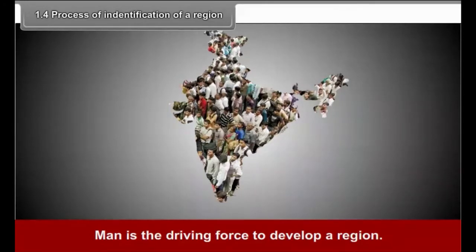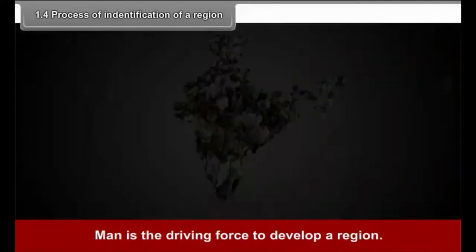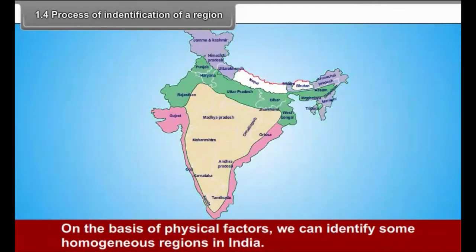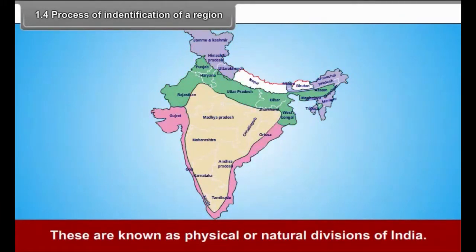Man is the driving force to develop a region. On the basis of physical factors, we can identify some homogeneous regions in India. These are known as physical or natural divisions of India.